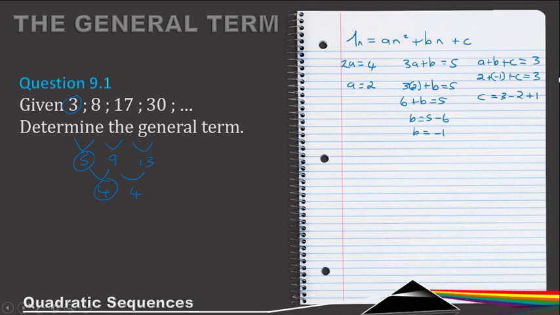This minus 1 goes over and becomes a plus. All right, so then c is equal to 1 plus 1, so that's 2. Okay, so Tn is equal to 2n squared, plus b's value, so that's minus 1n, or just negative n, and then plus c, so plus 2.